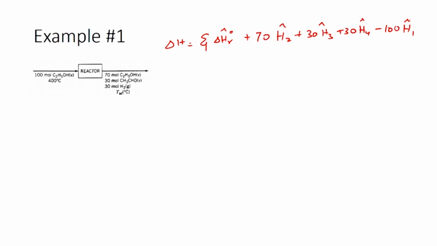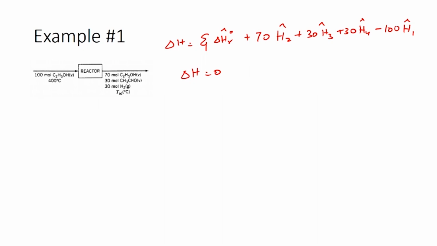If you substitute the values for H2, H3, H4 in the form of the polynomials, and we already have the numerical values for the extent of reaction and the heat of reaction and also for H1 cap, we can get the value for delta H, and we know that because it is an adiabatic process, delta H is equal to 0.